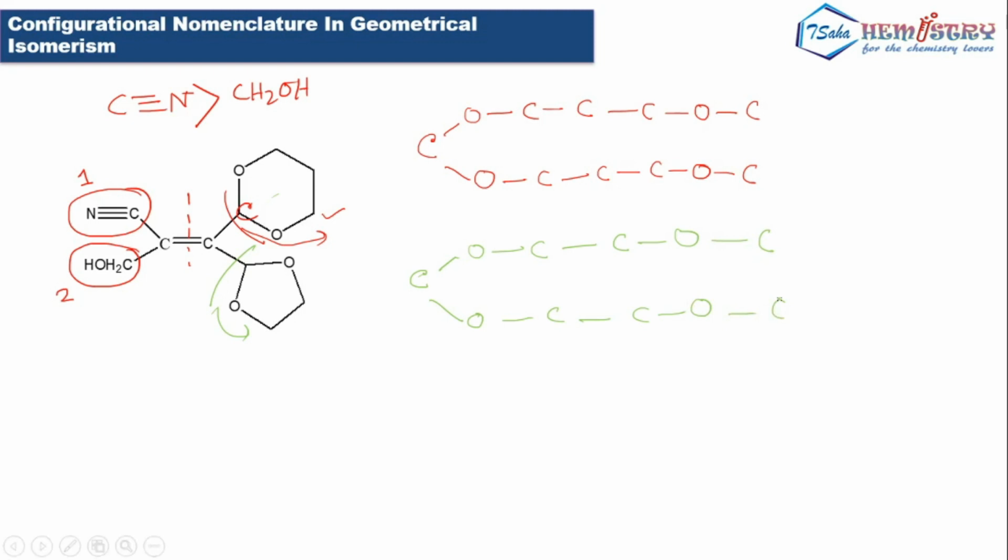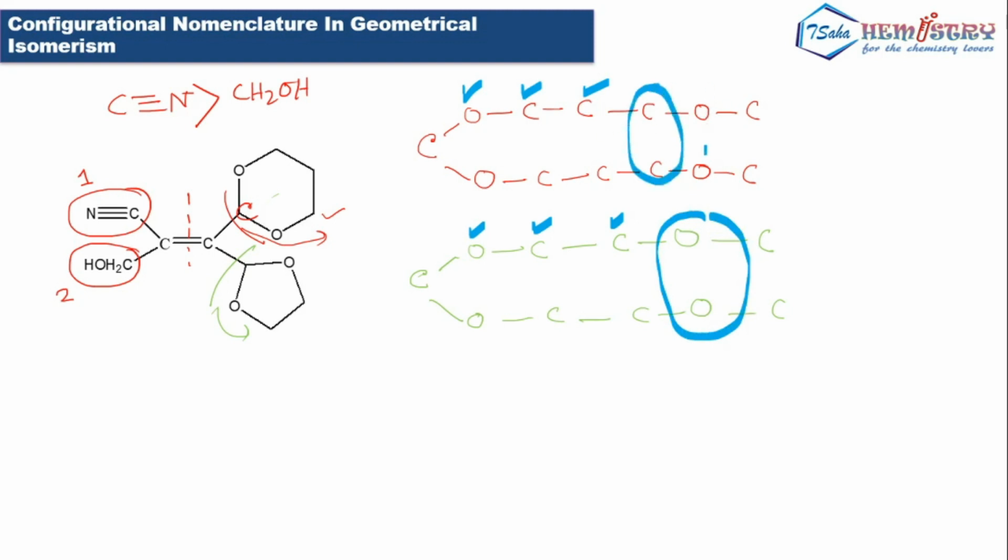Now if you compare these two, look very carefully. In the first case you have the same atom, in the second case the same atom, in the third case the same atom, but in the fourth case here you have oxygen, but here you have carbon. Which one has the higher atomic number?